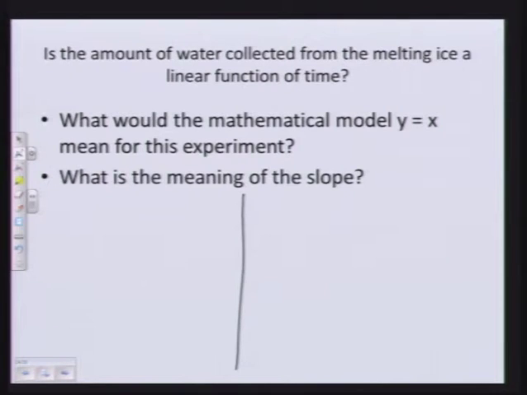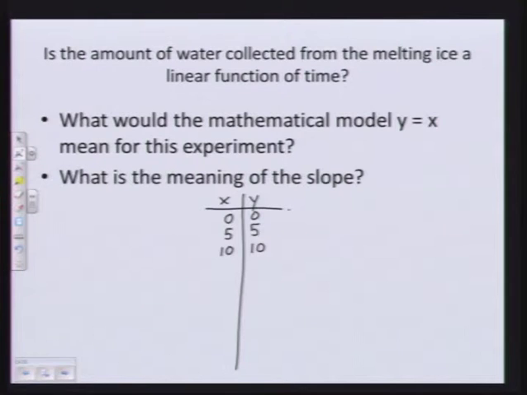If we had started at 0 time and we just had ice, there would be 0 melted. Suppose after 5 minutes, I've got 5 milliliters of water. And after 10 minutes, I have 10 milliliters of water. And after 15, I have 15, and so on.